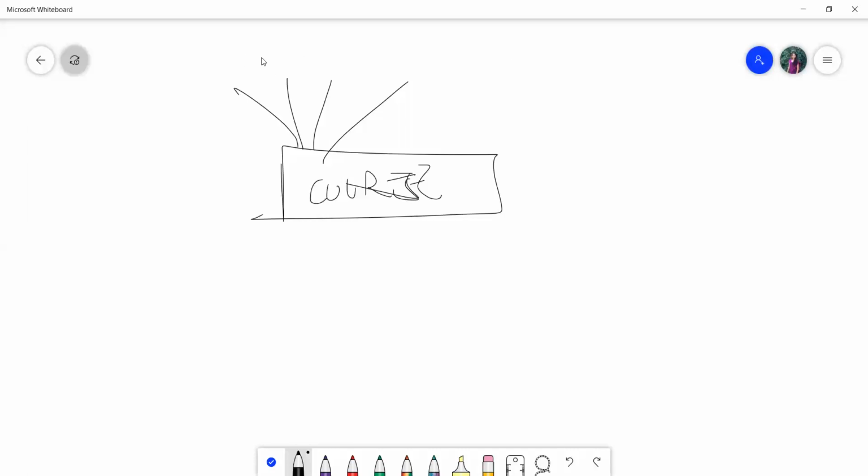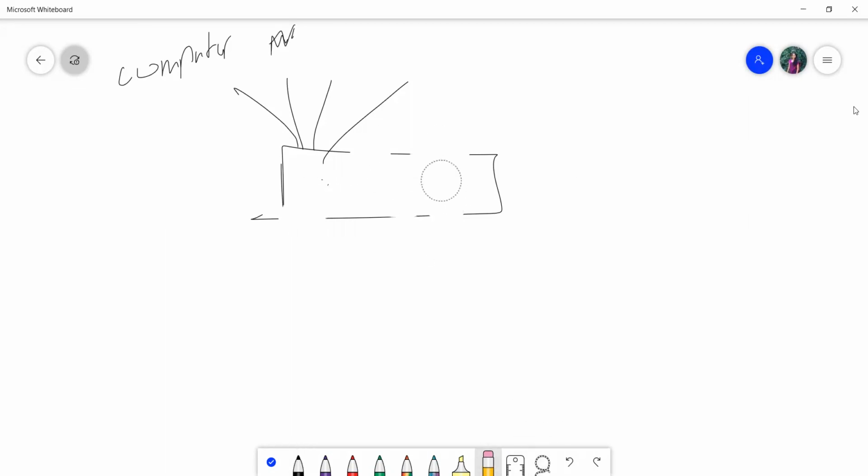Give me some example for courses. In your syllabus, what are the courses that you are following? Computer science. Okay. Then maths, chemistry, physics. Not like this. Let's take a computer science subject. Let's take not the course. Let's take subject. I think it was clear. Let's take a subject.